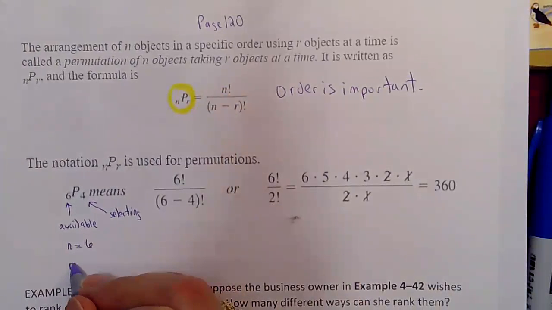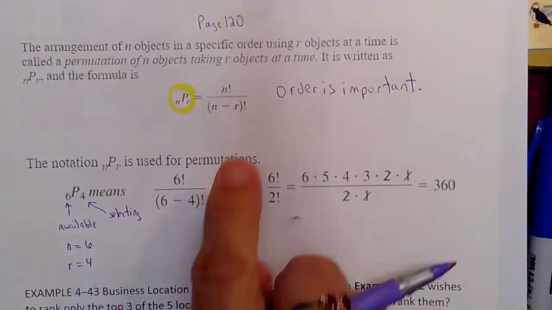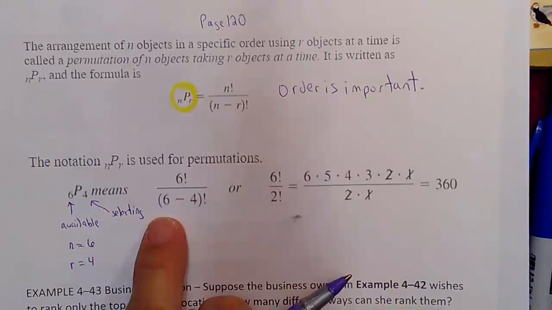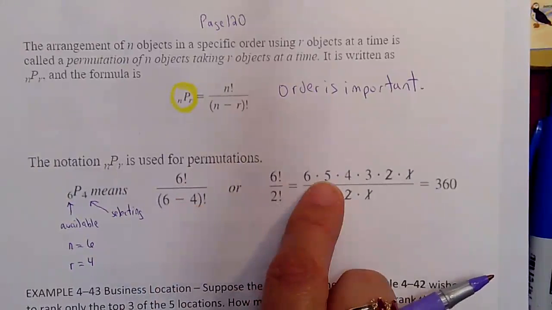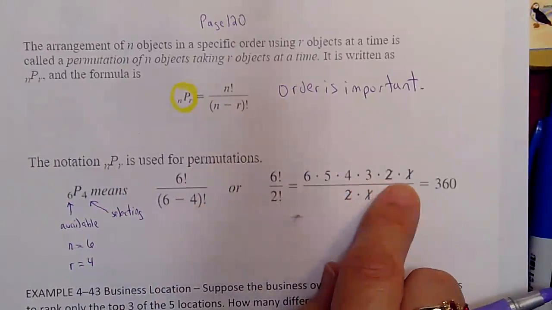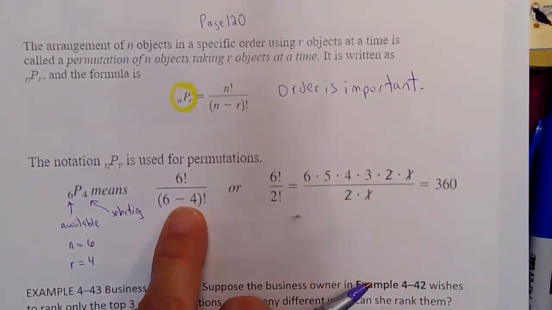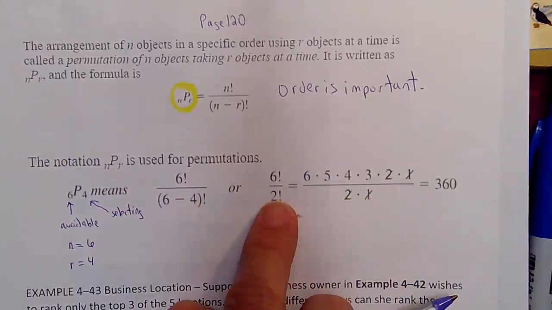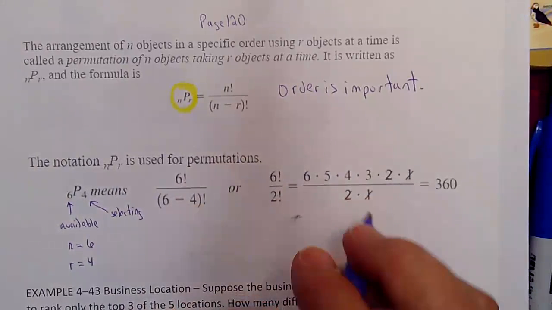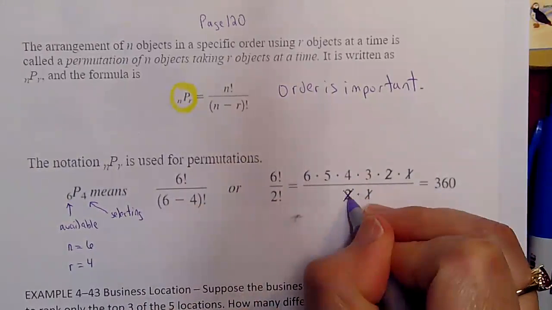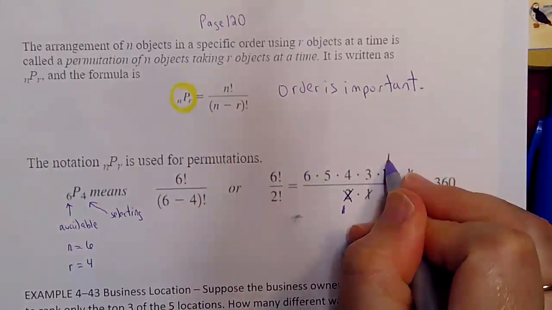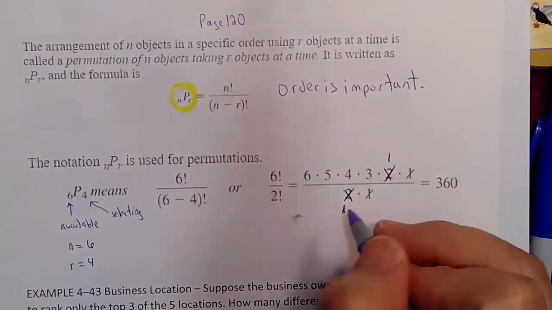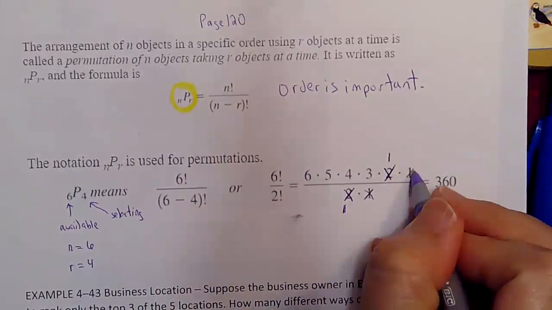And r is 4. So they have 6 factorial over 6 minus 4 factorial. 6 factorial is 6 times 5 times 4 times 3 times 2 times 1. 6 minus 4 is 2. This is 2 factorial, 2 times 1. And what they're saying is that these will divide out: 2 divides into 2 one time, and 1 divides into 1 one time.